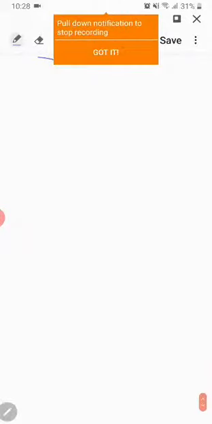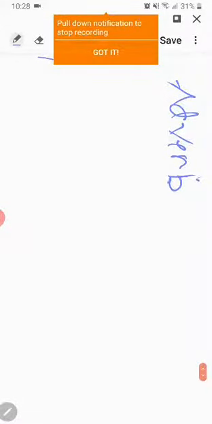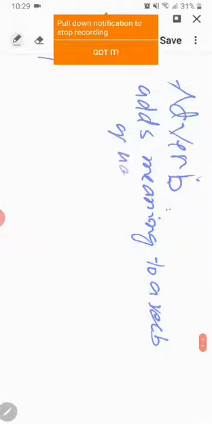The next part of speech is adverb. If we look at the word adverb carefully, we will come to know that adverb is a word which adds meaning to a verb or qualifies a verb.